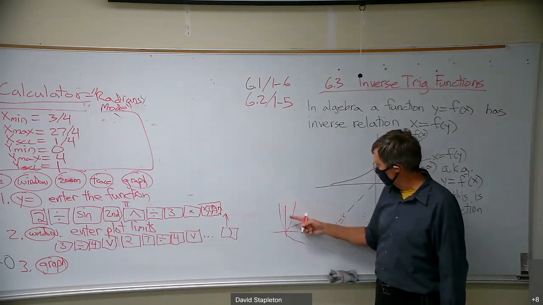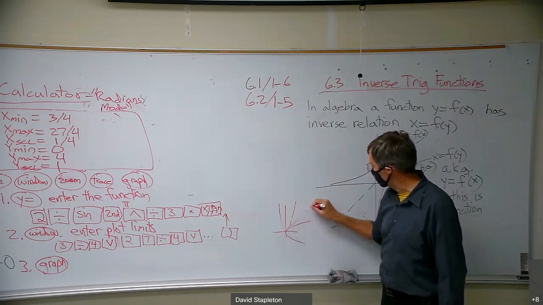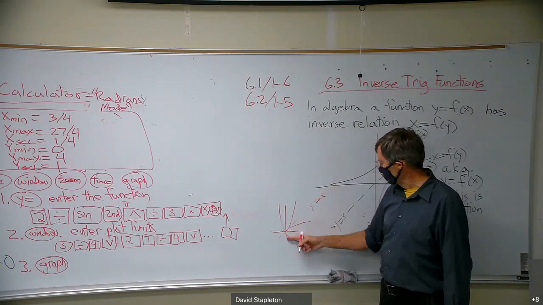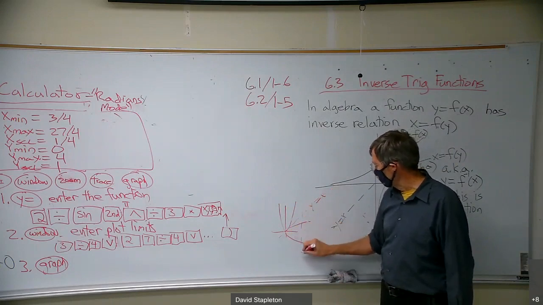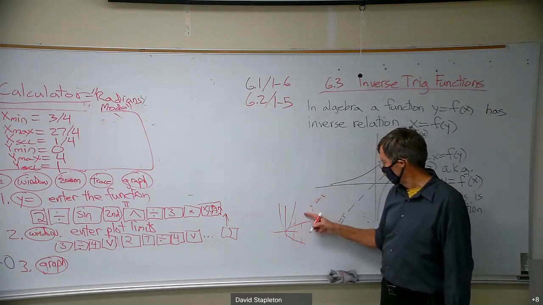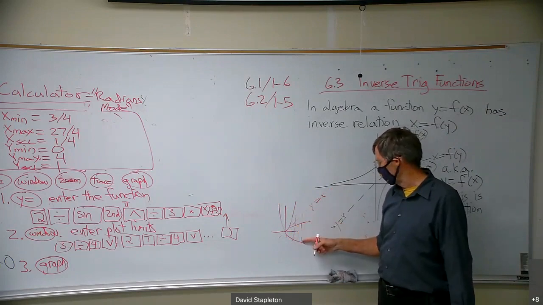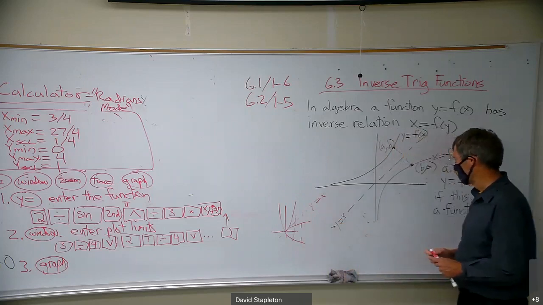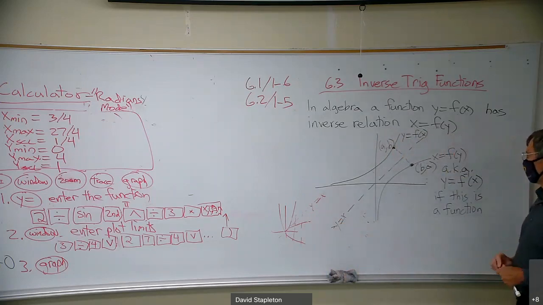The parabola was a function, but the inverse relation has lots of vertical lines that intersect it more than once. A graph in the plane is a function if and only if no vertical line intersects it more than once. So it may or may not be a function.